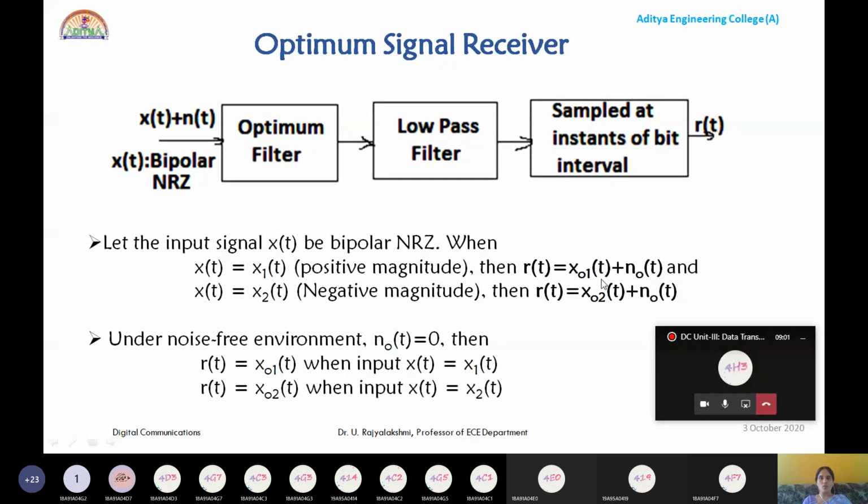Now I request any one of the students to please tell me what is the probability of error for a general baseband signal receiver?